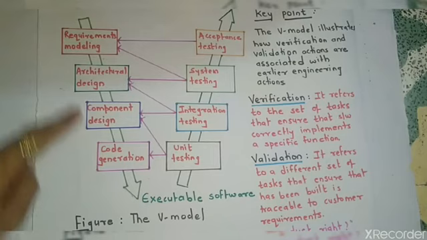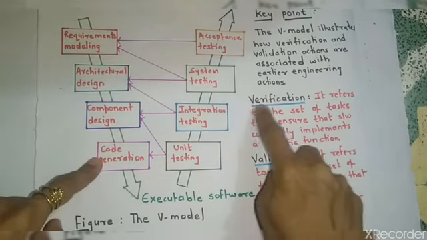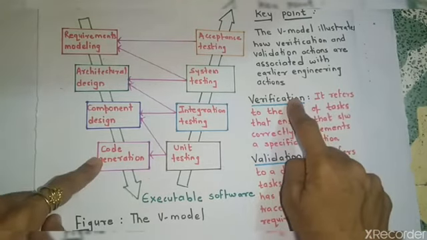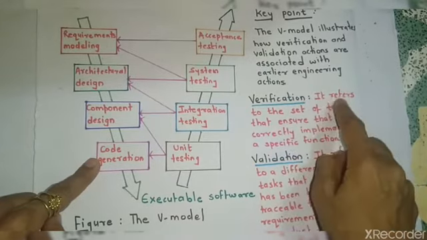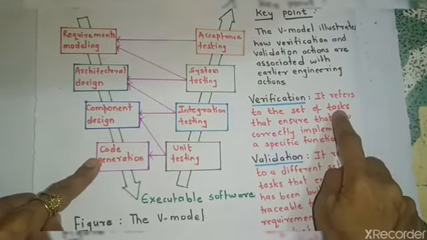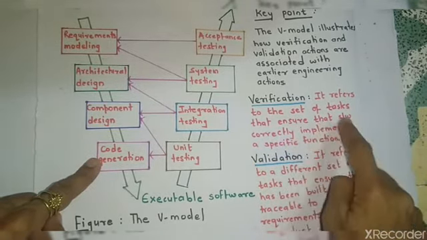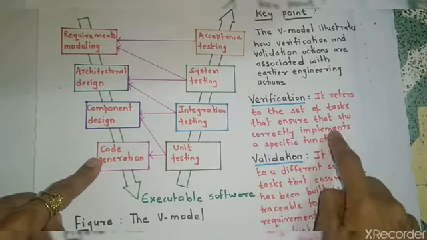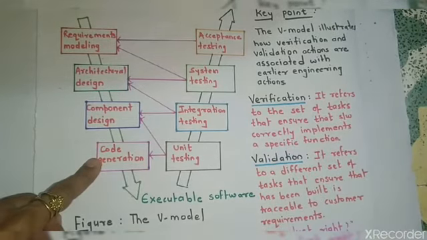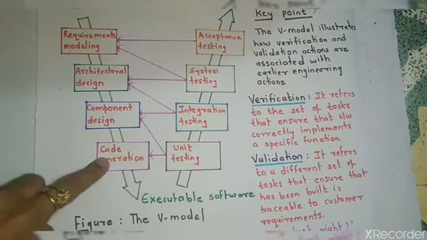Here we are going to perform verification activity. So what is this verification? It refers to the set of tasks that ensure that software correctly implements a specific function. Now how we are going to perform this verification here, here, here and here?